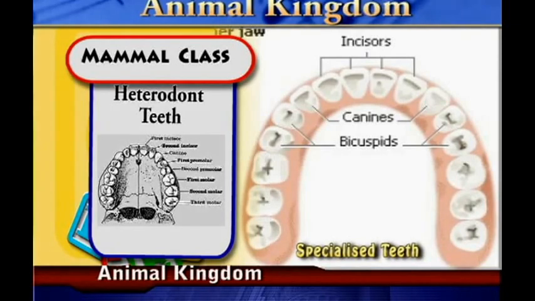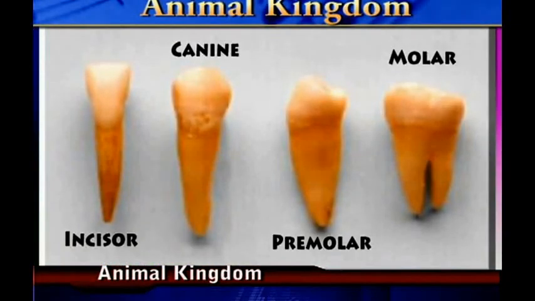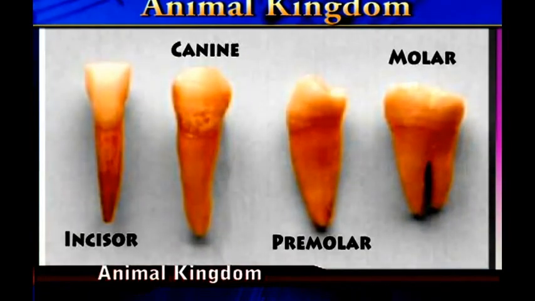For example, we have the incisors, the canines, the premolars, and the molars. Those are the different types of teeth that we find in all organisms under class Mammalia.